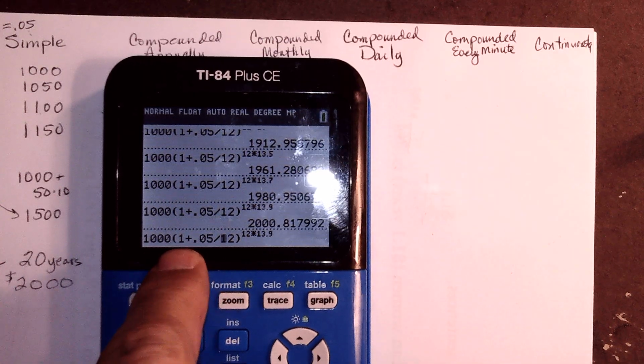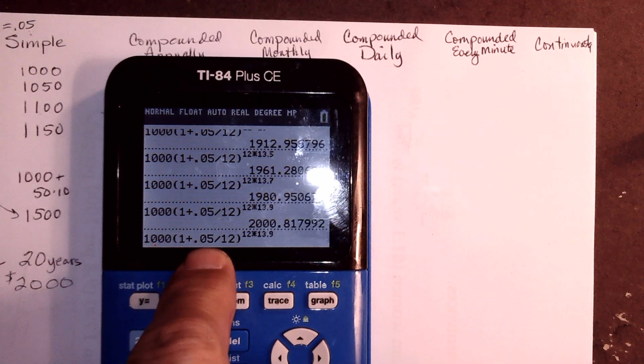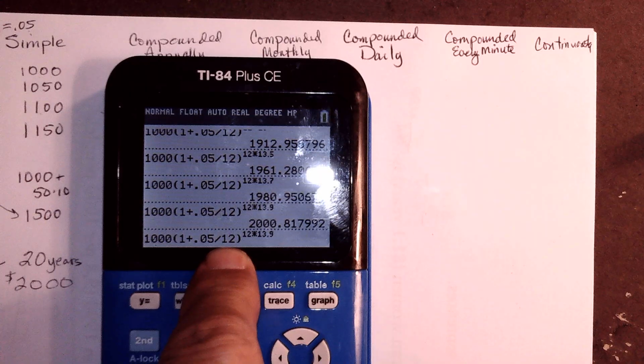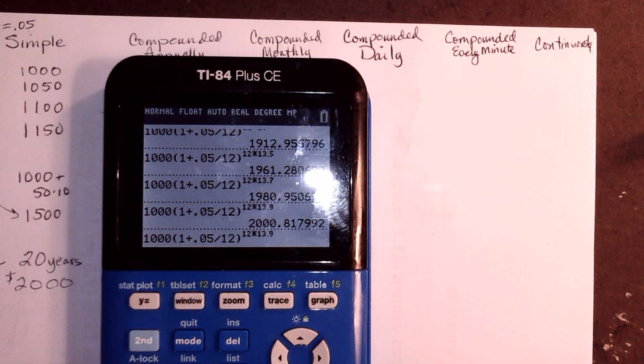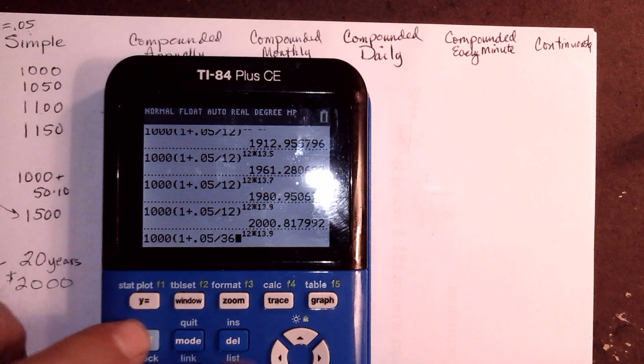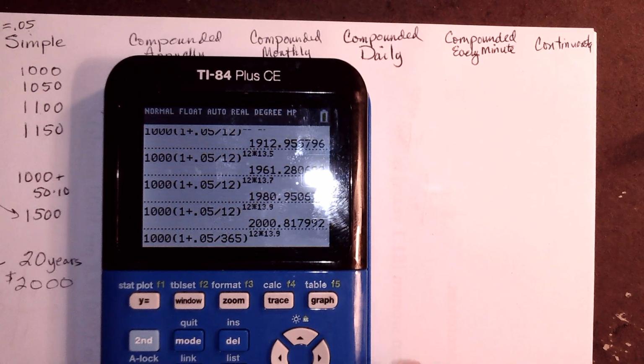We still get 1,000 or 100% of that $1,000 and 5%, but per day we don't get 0.05 divided by 12. We get divided by 365. And so then to do 1 year, we're going to have to do it 365 times. We're going to have to multiply by this.